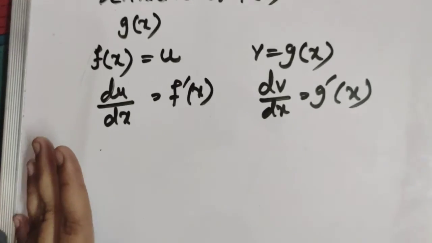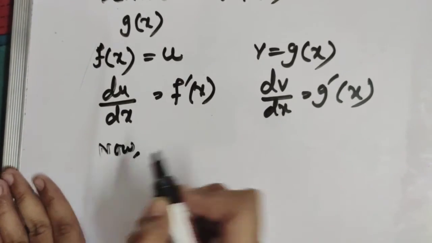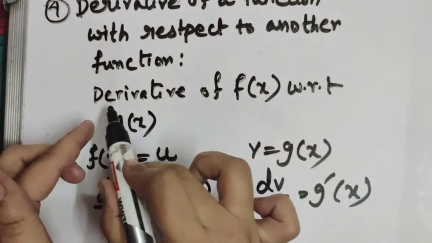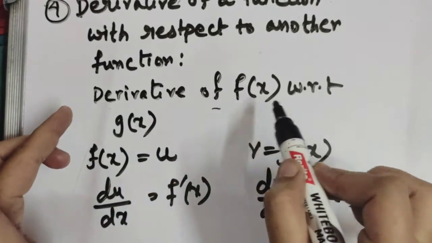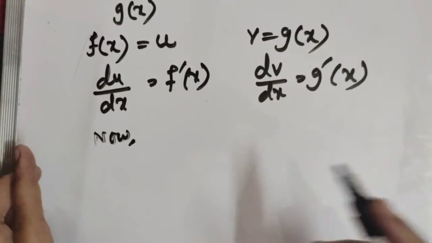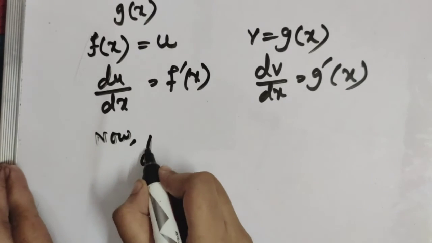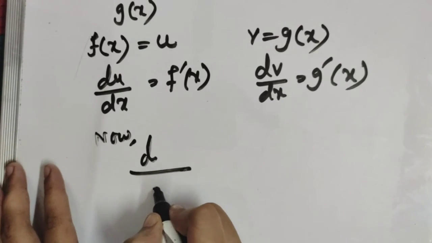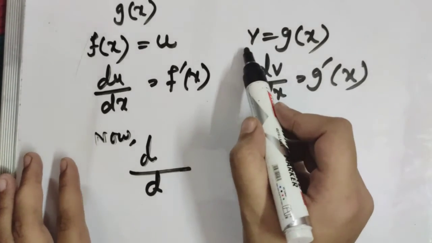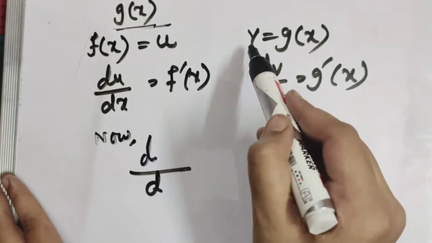Now here the question is the derivative of function f of x with respect to g of x. That means d of f of x, that is u, divided by d of g of x, that means v.